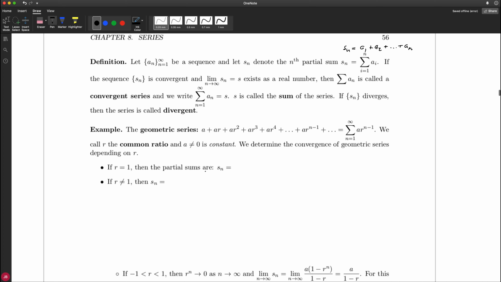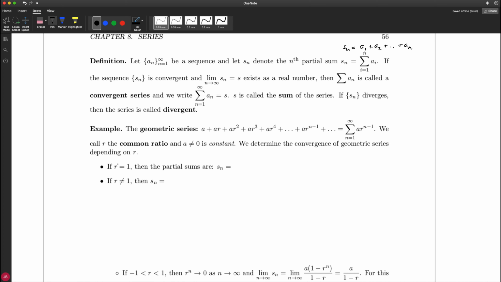Okay, so now let's suppose that the r value is just 1. Then remember S_n is a plus ar to the first plus dot dot dot ar to the n minus 1. Now if r is equal to 1, then you get a plus dot dot dot plus a. You just keep adding a together, and there are n of these a's.